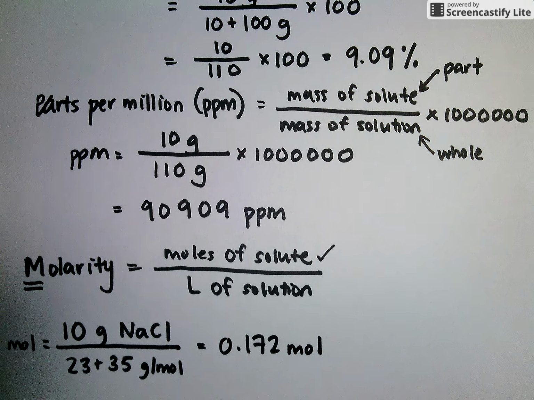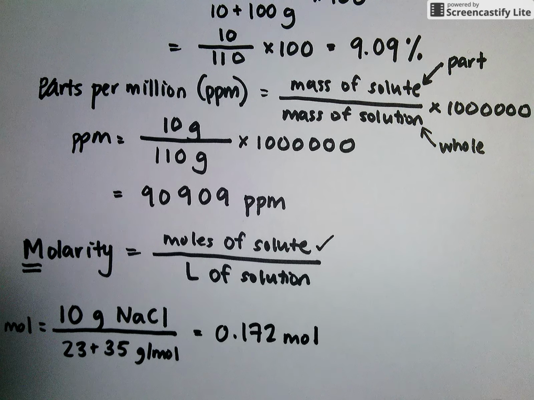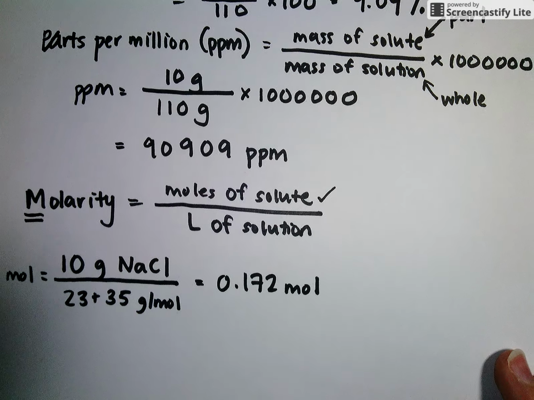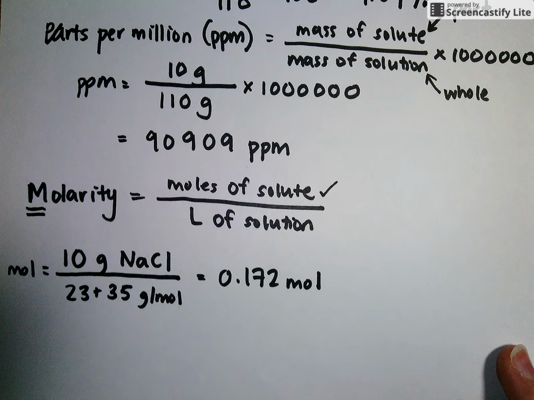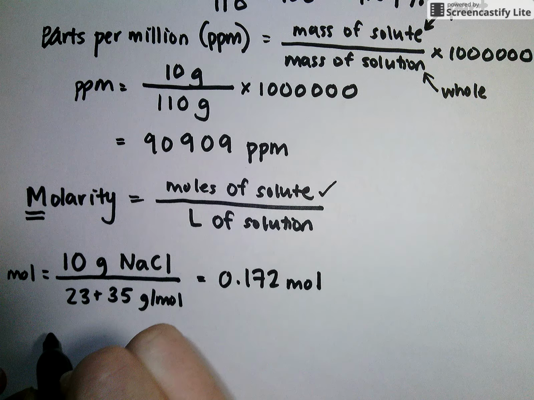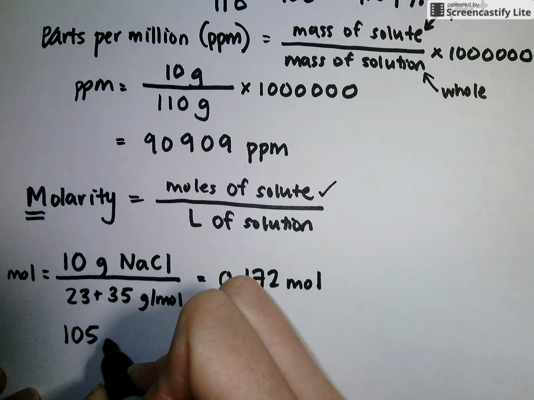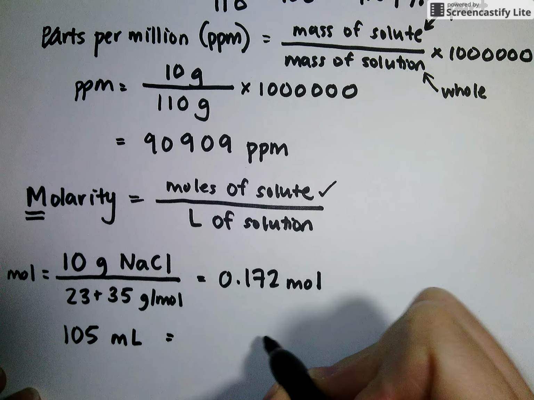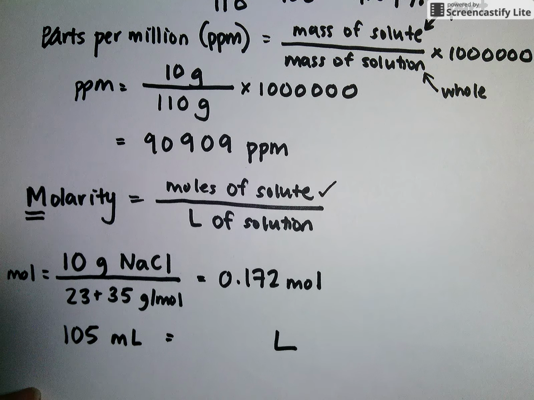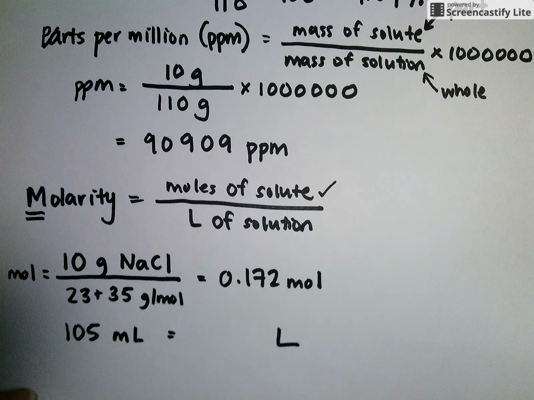All we need are liters of solution. And like I said, the problem told us that we have 105 milliliters, which is close, but we need it to be in liters in order for this calculation to turn out correctly. So what I need to do is convert 105 milliliters into liters. In order to get rid of that m, folks, you have to know that 1 liter is 1,000 milliliters.